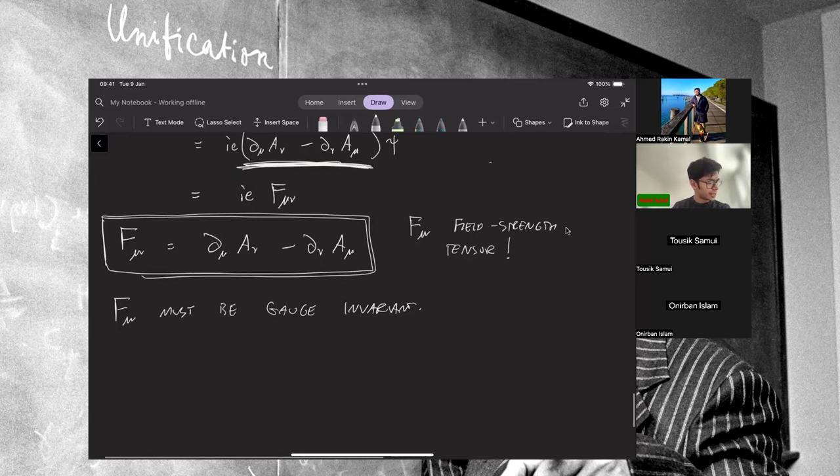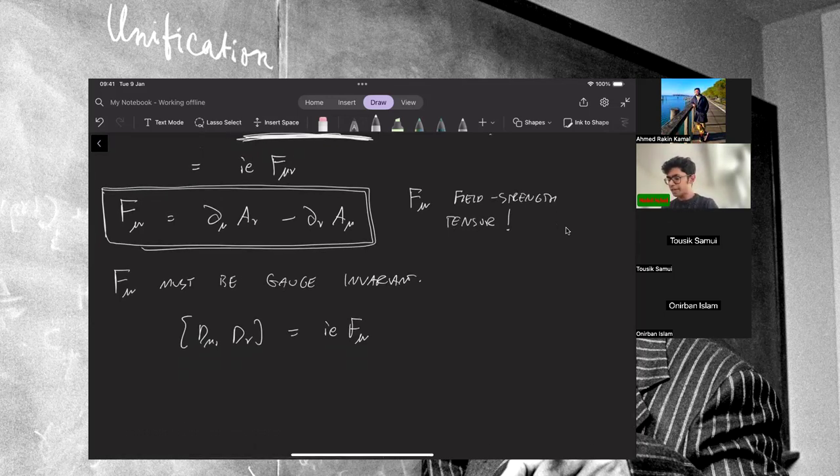It's because the commutator of D mu and D nu, which we just checked, is equal to i e F mu nu. Now what you can imagine doing is taking this equation, acting with psi on both sides, and then doing a gauge transformation.